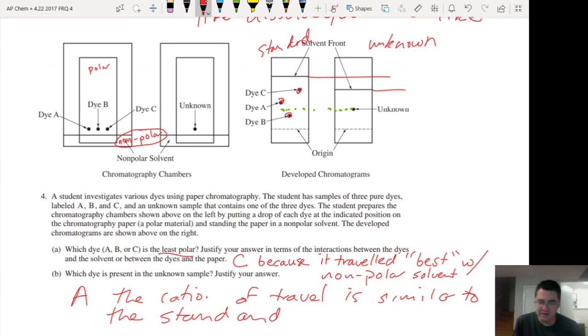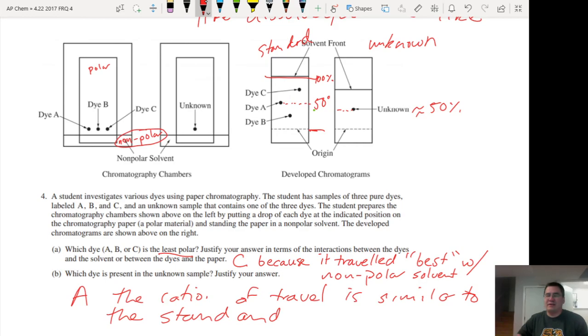Now, do you see, let me erase all my lines, what percent of the way, if the solvent front is 100% in this case, is dye A up from its starting spot? About 50%, and then do you see in the unknown, it's approximately 50% up the solvent front as well? Okay, yeah.